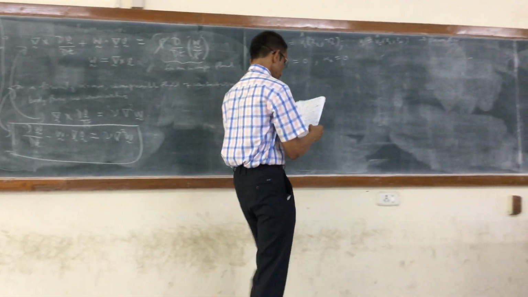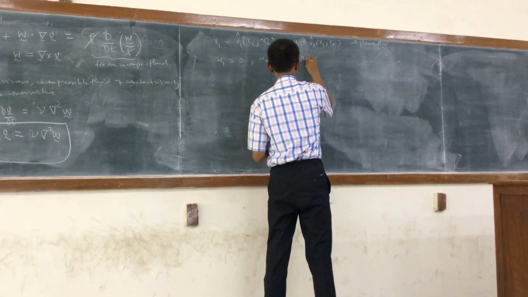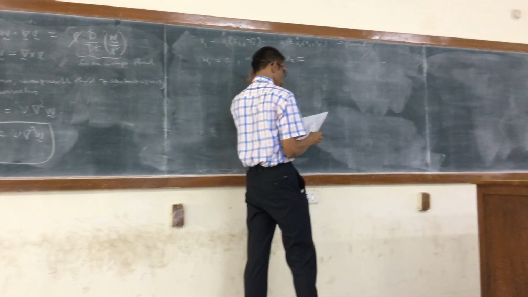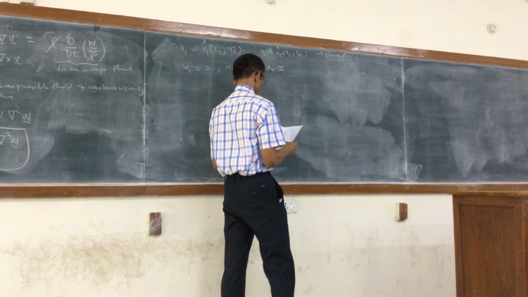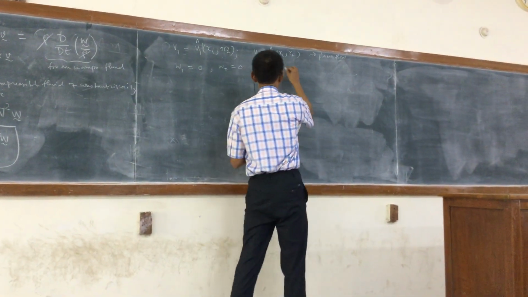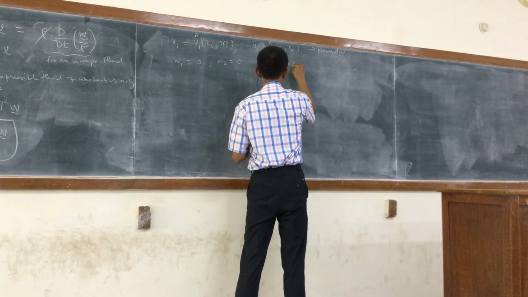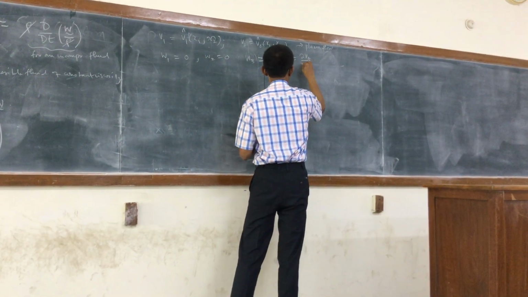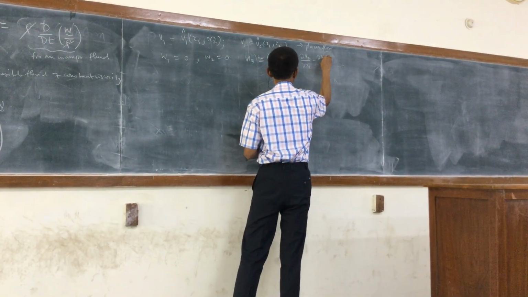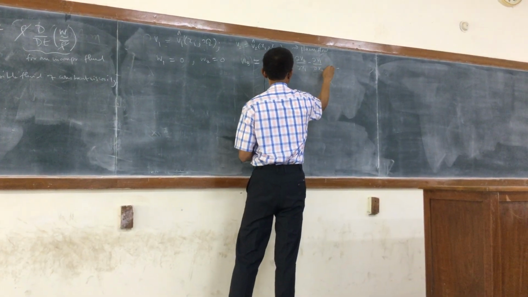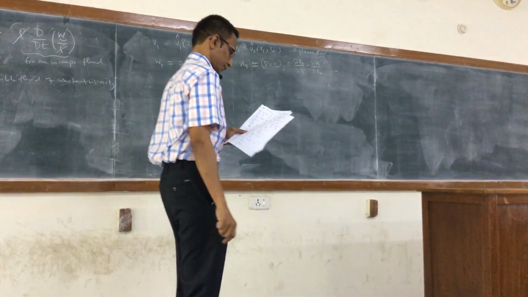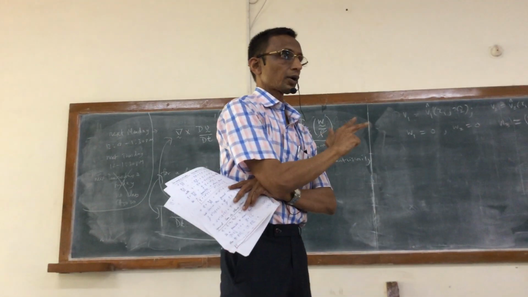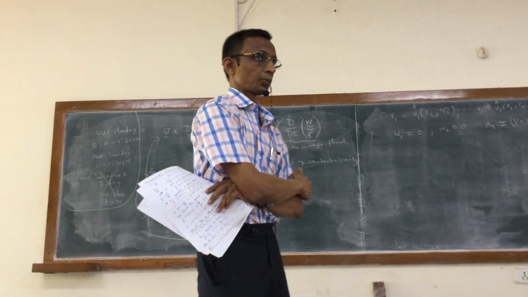And then W3 will not be 0. That is the component 3 of the curl of the velocity, which you can easily read off to be dv2 by dx1 minus dv1 by dx2. These all result from standard formula.